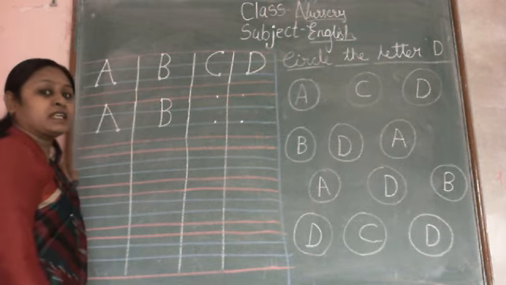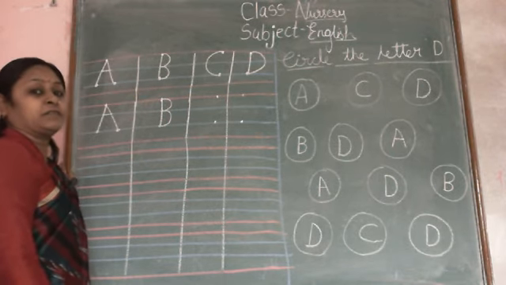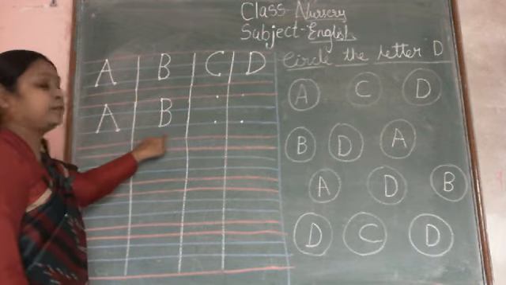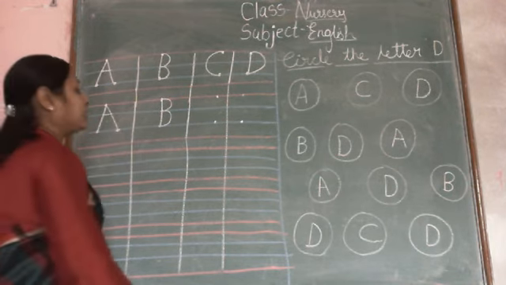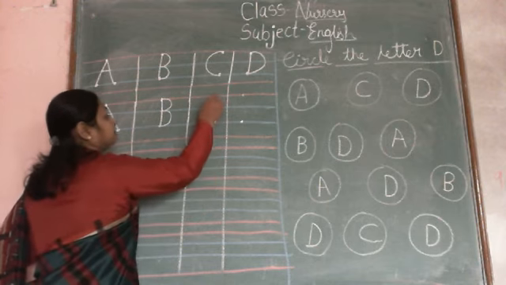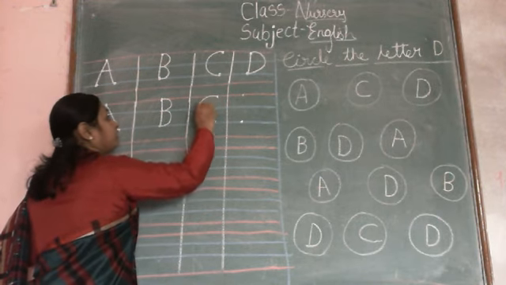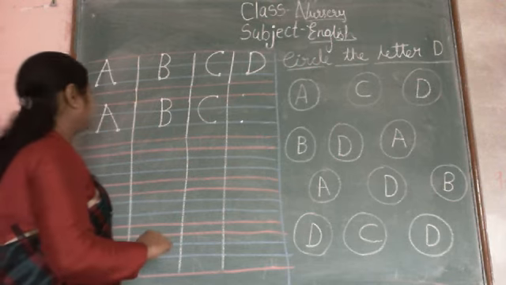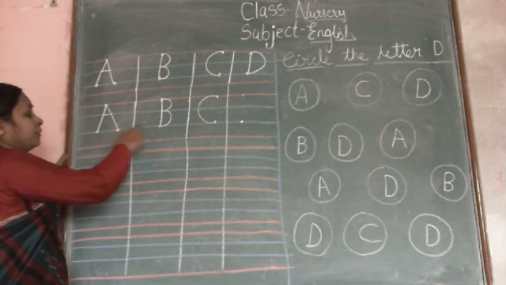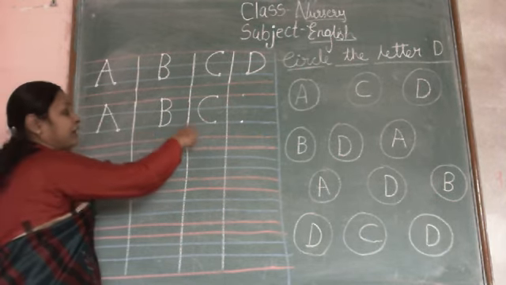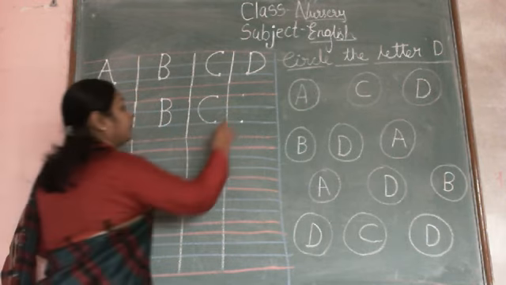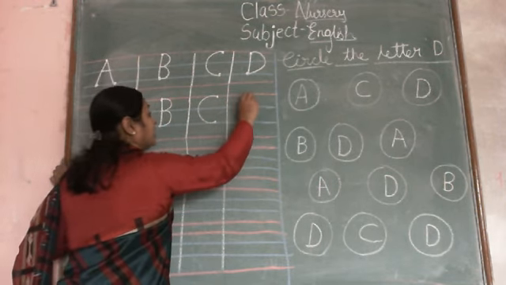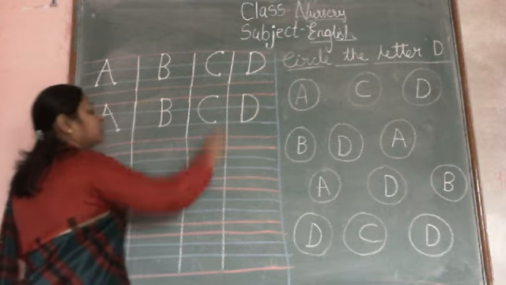A, B. After B, which letter will come? C. A, B, C. After C, which letter will come? D. Standing line and then curve.